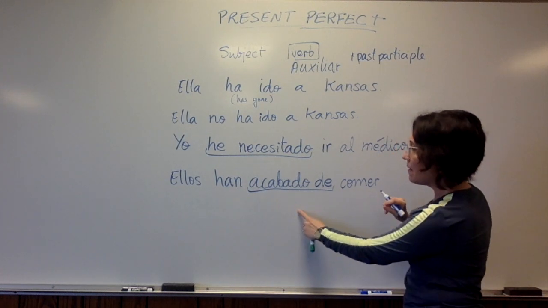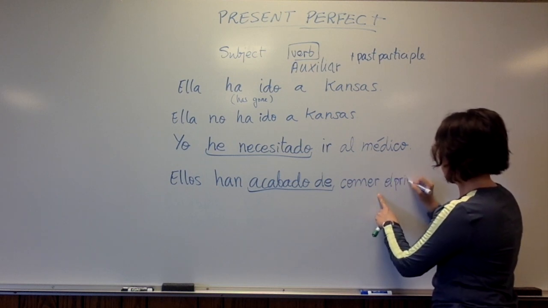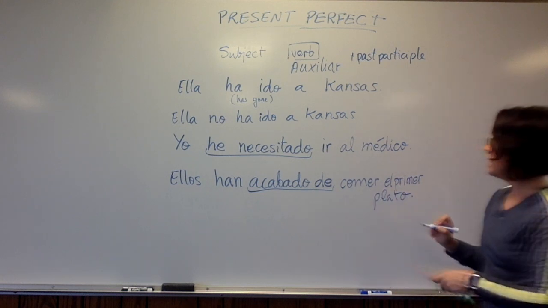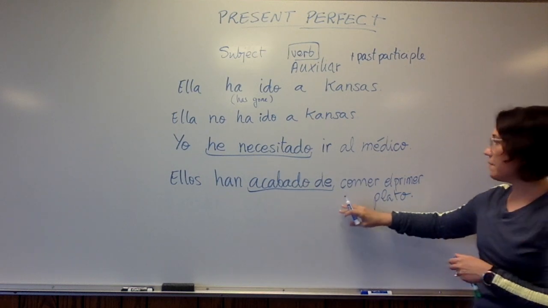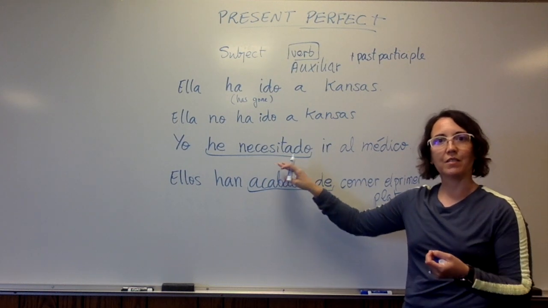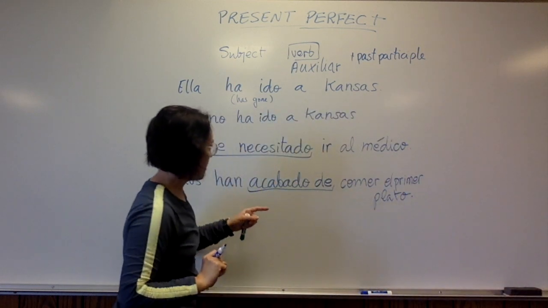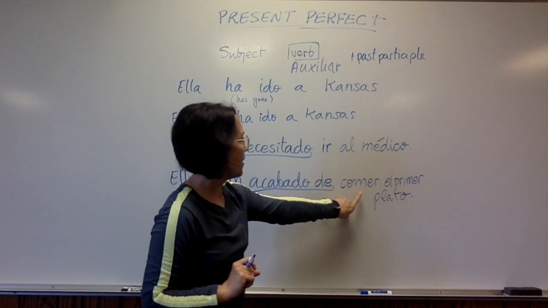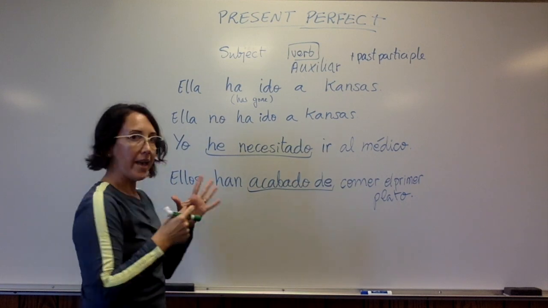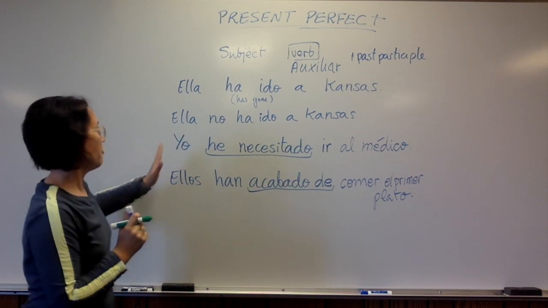So ellos han acabado de comer el primer plato. ¿Sí? So, as you can see, ellos han acabado de comer el primer plato. Acabar de is one of the expressions like necesitar ir. So you need the infinitive after the present perfect. And so it's very similar to the English forms, and you just have to stick to following the structure.